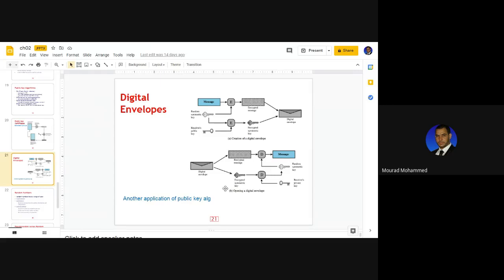available at the receiver side, that matches the public key used to encrypt the key used to encrypt the media. This is a public key. This is a private key. This private key would be utilized to decrypt the key that has been encrypted using the public key.